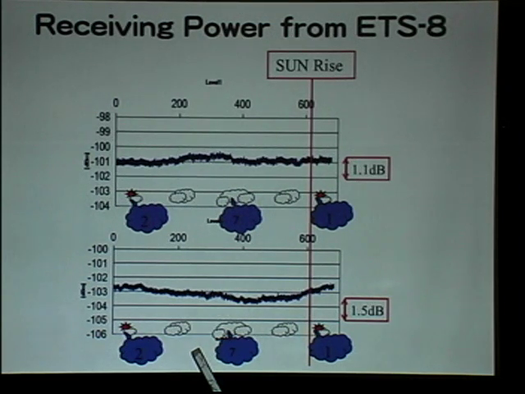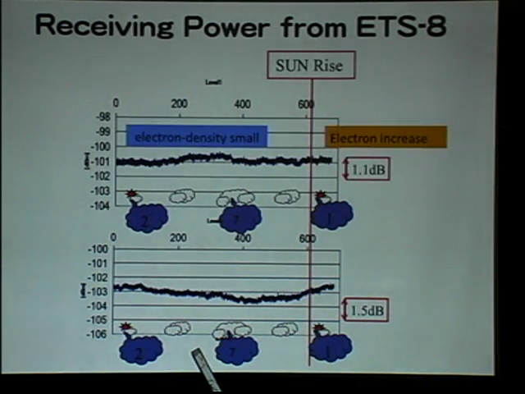At this timing there is a lot of cloud, but the cloud has disappeared, and the receiving level is almost the same. It means no influence from the cloud and atmosphere.